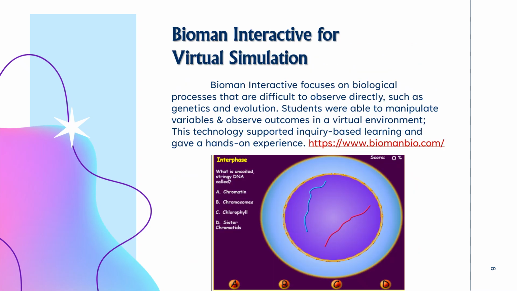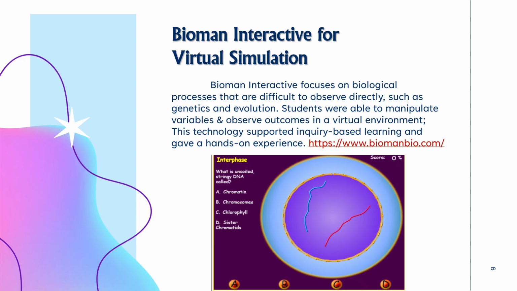Bioman Interactive. This final example involved using Bioman Interactive during lessons on biological processes that are difficult to observe directly, such as genetics or evolution. The artifact shown includes a simulation students interacted with during class.